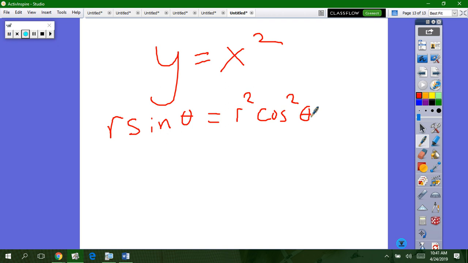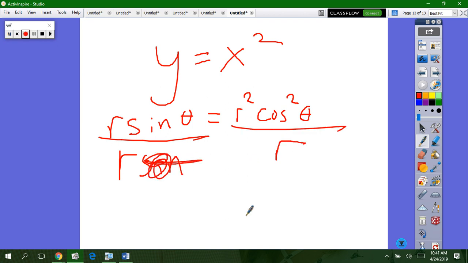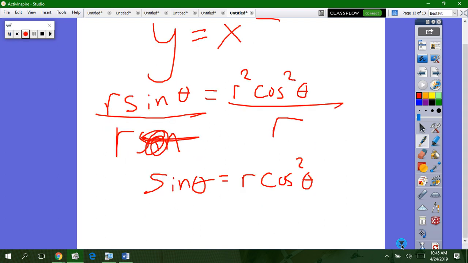Now, usually we want to solve for r. So in this case, let's just divide the r over. So now I'm at sine of theta equals r cosine squared of theta. How do I get r by itself? Divide it over, right?